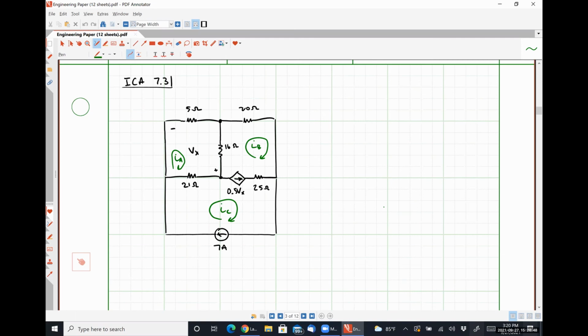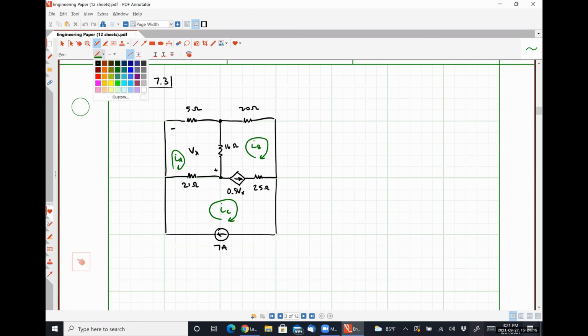Exactly right. That mesh current of IC is flowing into the negative polarity terminal, so we have to take that into account. Whenever we have an element that is on the interior of the circuit, there's always going to be some opposing mesh current that we need to take into account as well. It's a very easy and common mistake to make, which is why I'm trying to hammer this into you guys' heads.